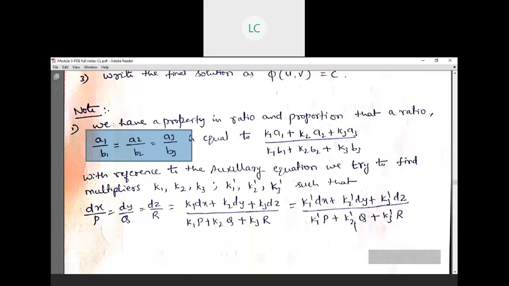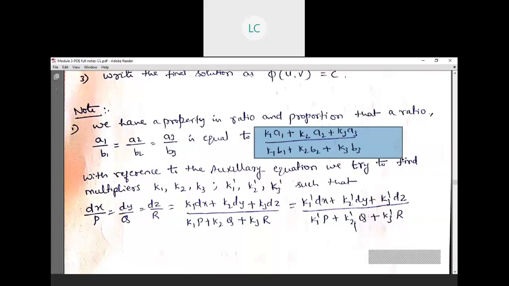In terms of proportion, we can write this as k1 a1 plus k2 a2 plus k3 a3 by k1 b1 plus k2 b2 plus k3 b3. This means that by choosing suitable multipliers, we can write this ratio in terms of this expression. Here k1, k2, k3 are the multipliers.